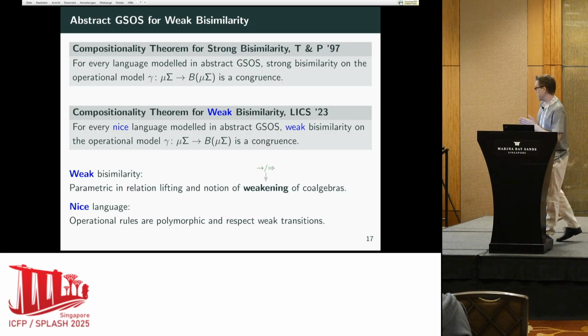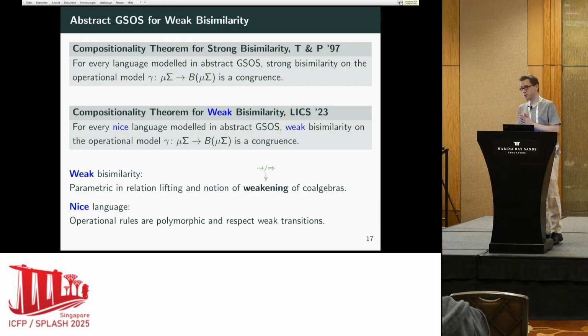And there is a generic result about weak bisimilarity as well in the setting of abstract GSOS that says if you have a sufficiently nice language modeled in abstract GSOS, then weak bisimilarity on its operational model is a congruence, where weak bisimilarity here, as I said, is parametric in a choice of a relation lifting. So you get different notions of weak bisimilarity by different choices of liftings.